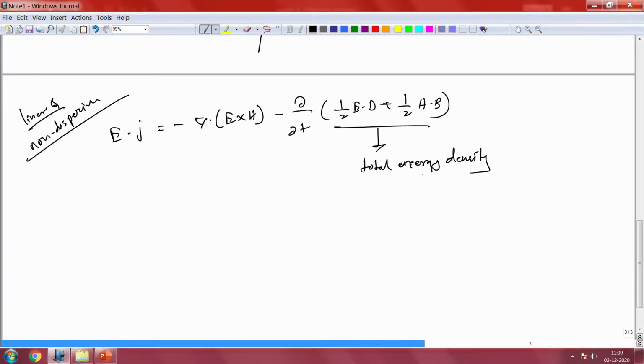All right. So when you take an optical field where J is 0 and also let us say M is 0, this is a linear non-dispersive medium. If that is the case, let us say around a closed area A, one can use this to find out how much is the power density.